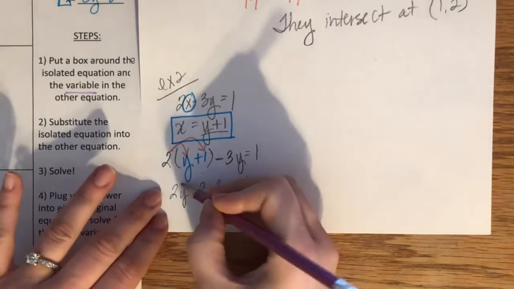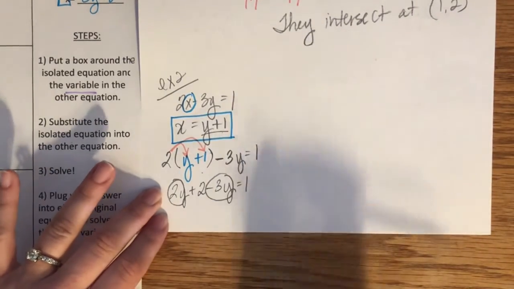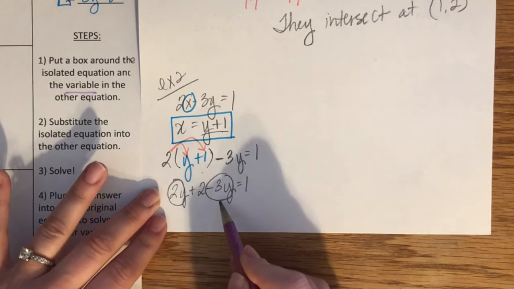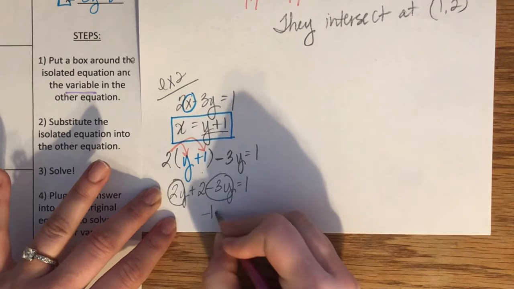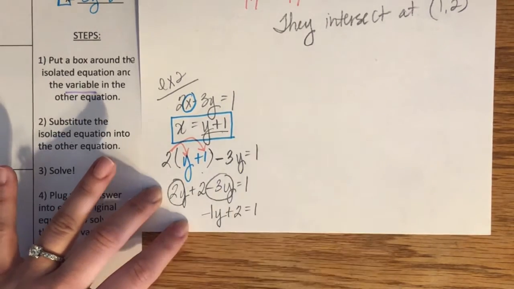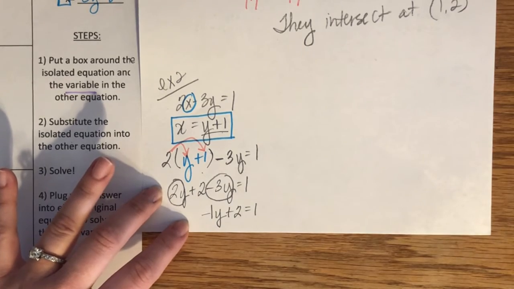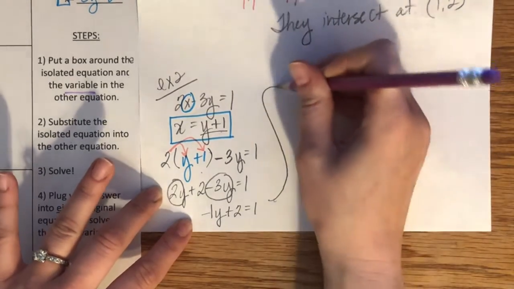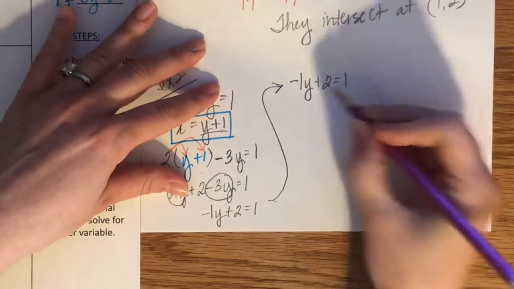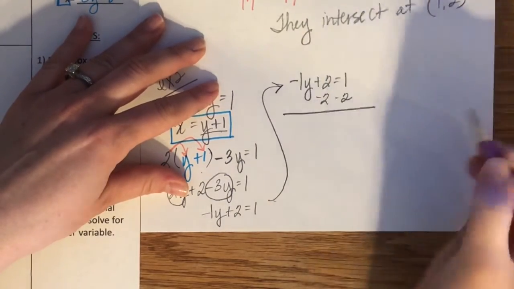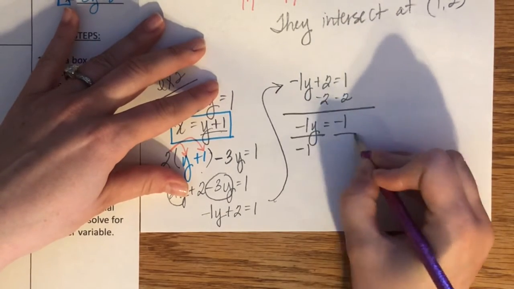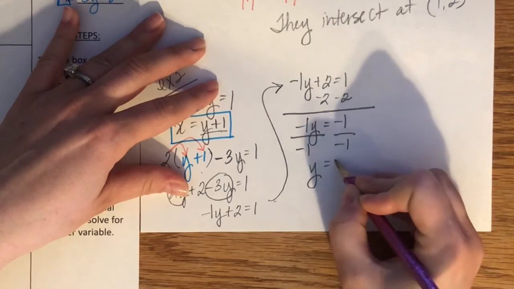I'm going to combine my like terms, so 2y minus 3y gives me negative 1y, but I still have plus 2 equals 1. So that's negative 1y plus 2 equals 1. Now I'm going to subtract 2. I get negative 1y equals negative 1. My last step is to divide by negative 1, and I get y equals 1.